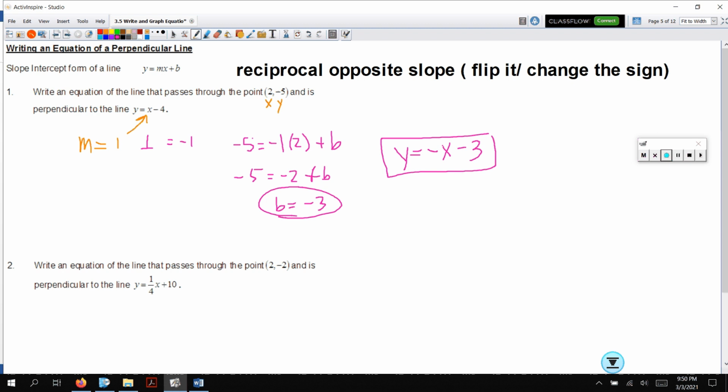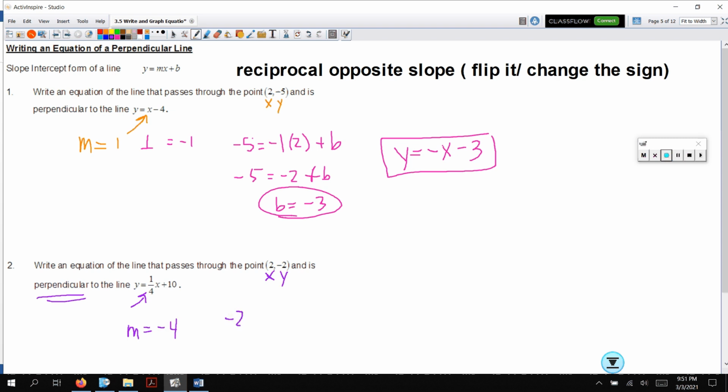All right, let's look at another example. Why not? We're on a roll here. In this example, we're going to write the equation of a line that passes through this point. Here's my x comma y. And is perpendicular to this line. So remember, you got to flip it. So 1 over 4 becomes 4 over 1. Change the sign. So m equals -4.